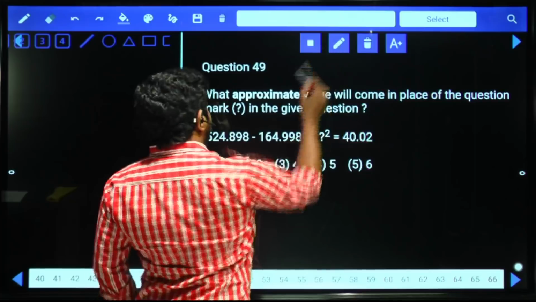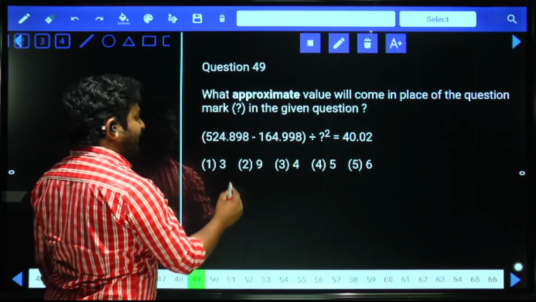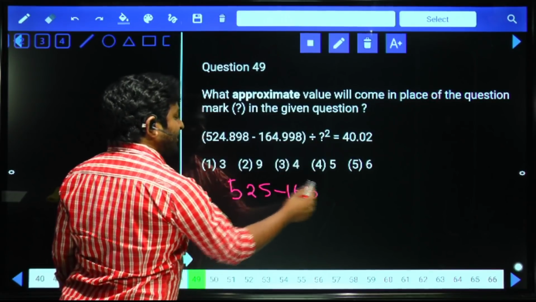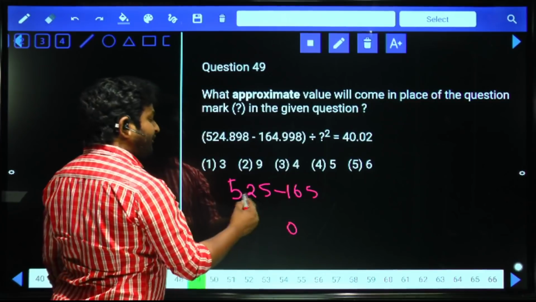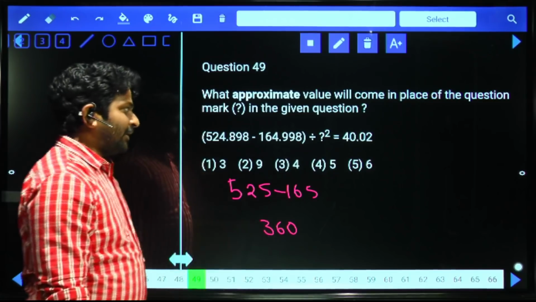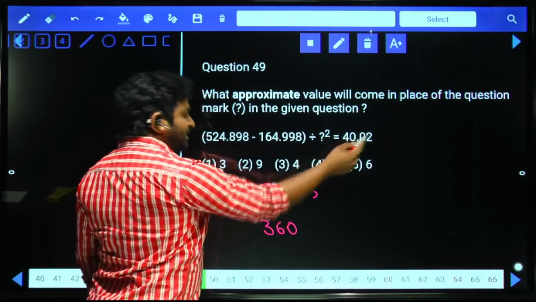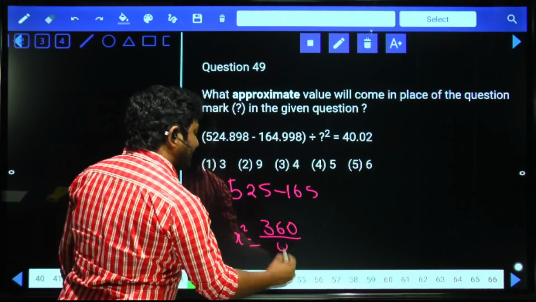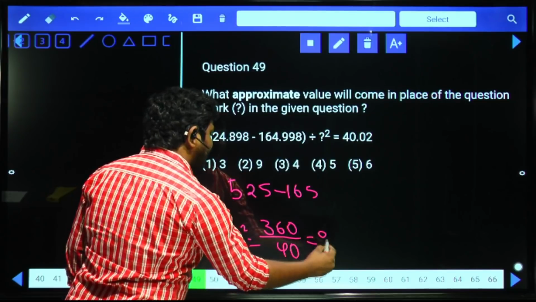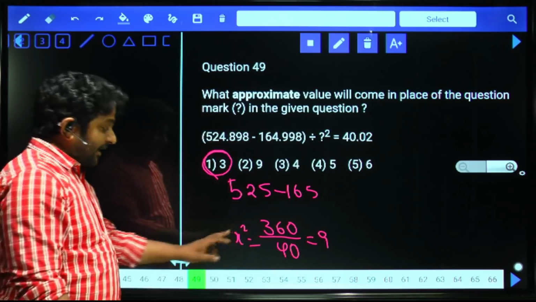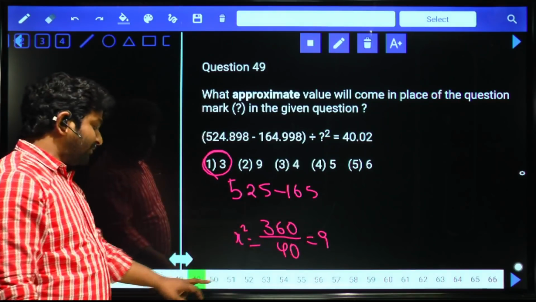Next, 525 minus 165. 5 minus 5 is 0. 52 minus 16 is equal to 36. 36 by x square is equal to 40. Then the x square value is equal to 360 divided by 40. This is equal to 9. 9 is which number's square? 3 square. That is the first option. X square is 9, x is equal to 3.